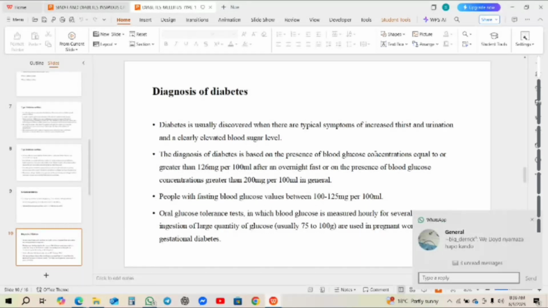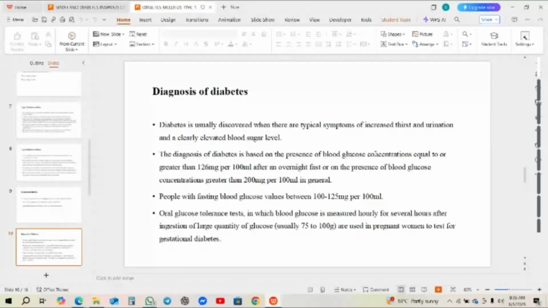The diagnosis of diabetes is based on the presence of blood glucose concentrations equal to or greater than 126 milligrams per 100 ml after an overnight fast, or on the presence of blood glucose concentrations greater than 200 milligrams per 100 ml. In general, people with fasting blood glucose values between 100 to 125 milligrams per 100 ml.